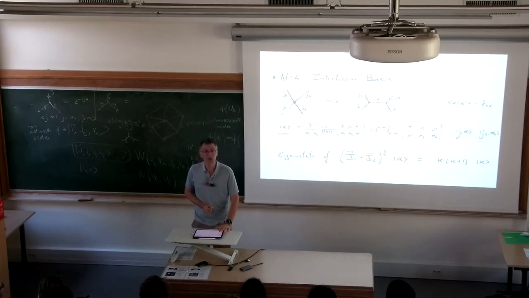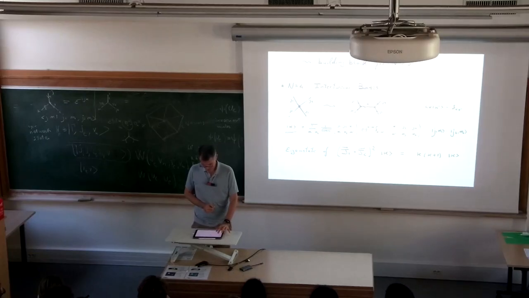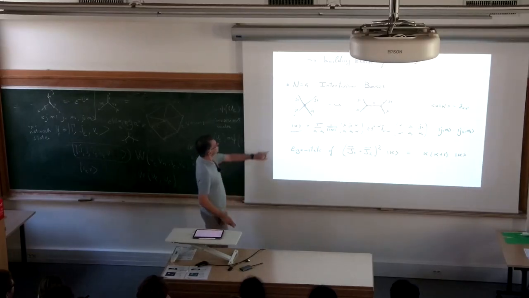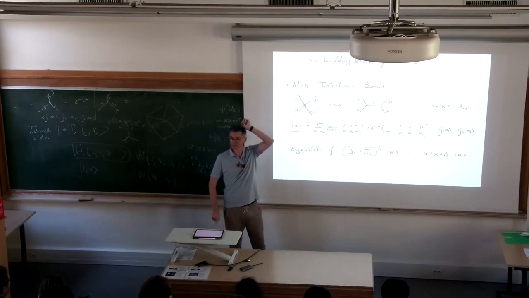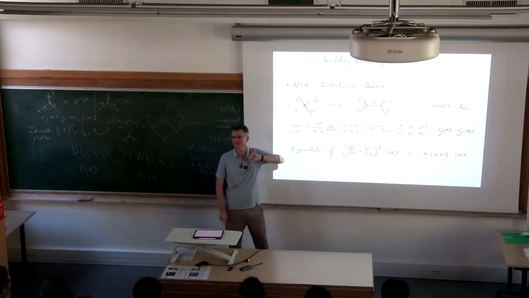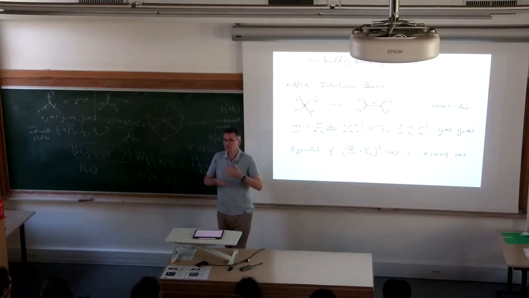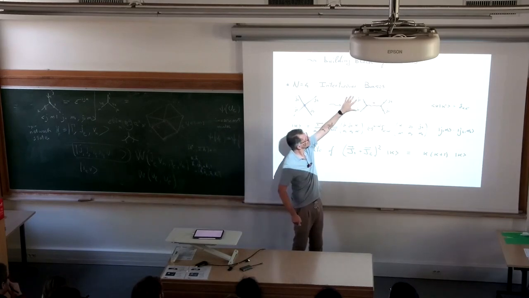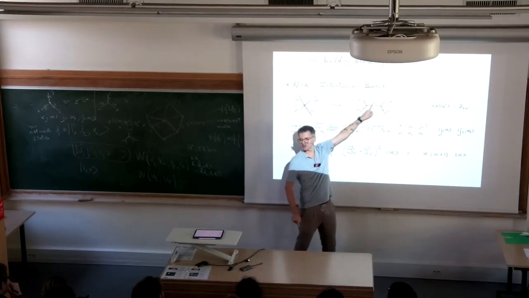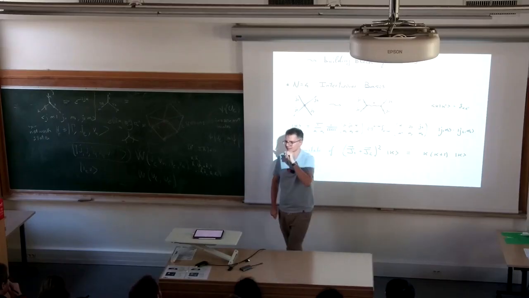Okay, so let's do 1 with 4. So I want something invariant with 4 legs. And I assign the 4 legs. So one way to think about it is, you think first of the first 2 legs, you combine them into something of spin k, and then you make it decay into all the 4 legs.